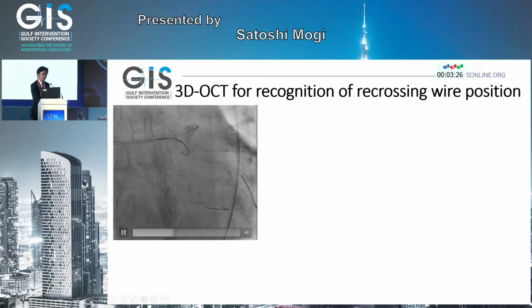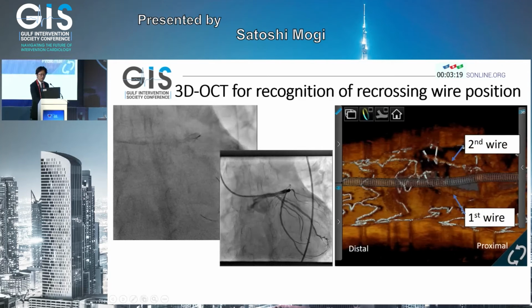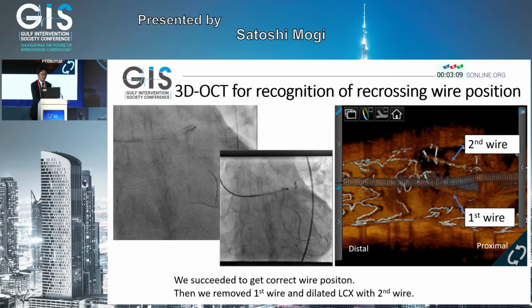This is the second wire to the circumflex. And we do OCT again. So we can see two wires in the circumflex, the first wire and the second wire. We succeeded in getting the correct wire position. Then we remove the first wire and dilate the circumflex with the second wire, because the first wire is not in the correct position.